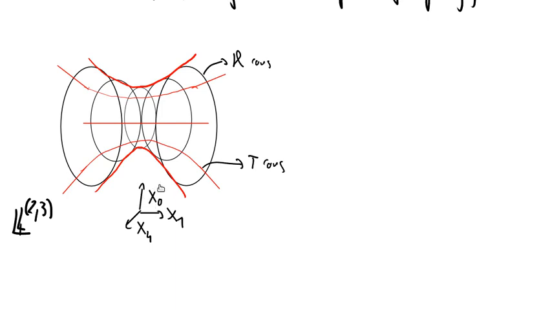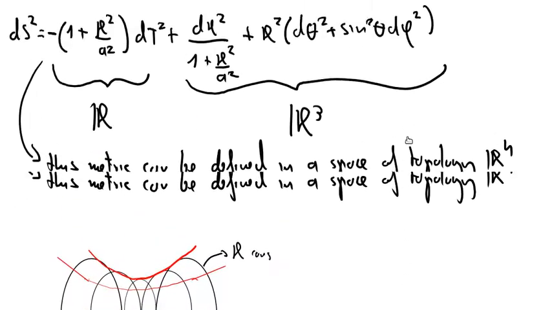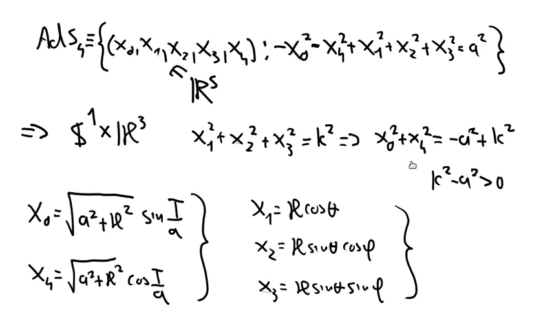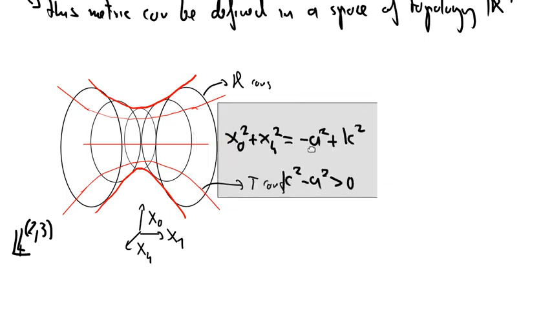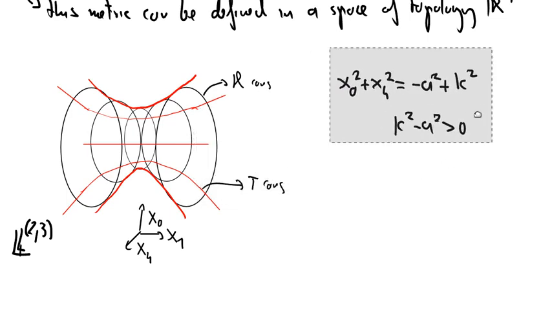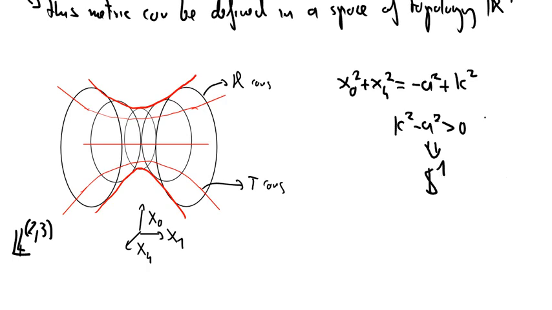And if you take these sets, they have the topology S1. Let me bring this next to the picture to make it more clear. So this has topology S1, and then we have the other part, which is the R3 topology.